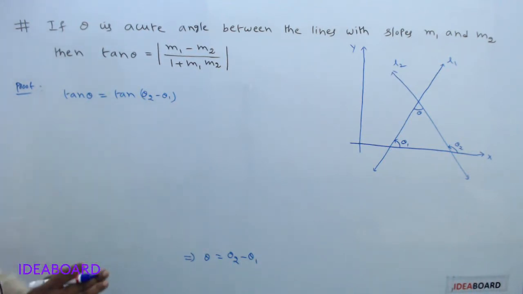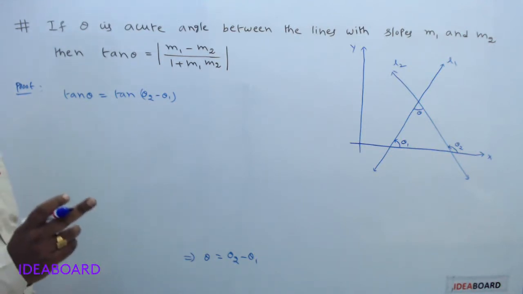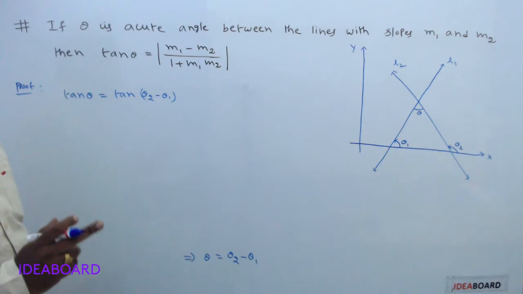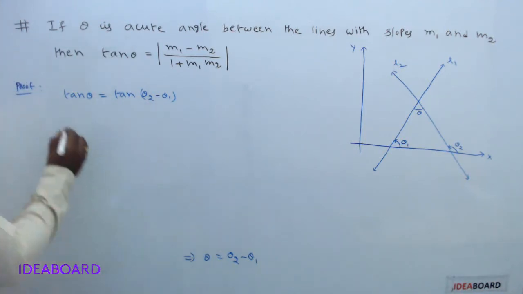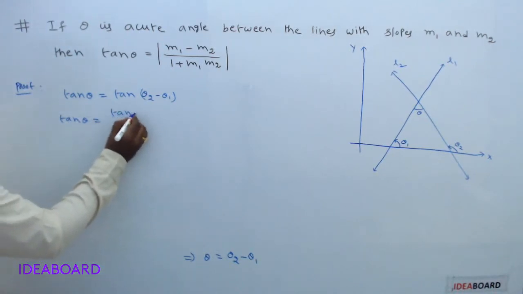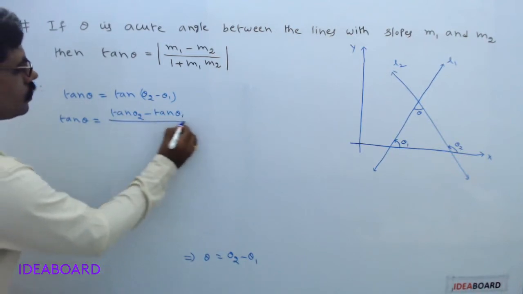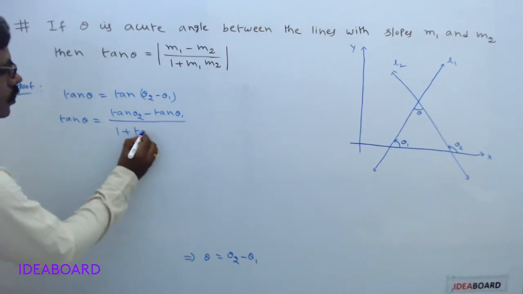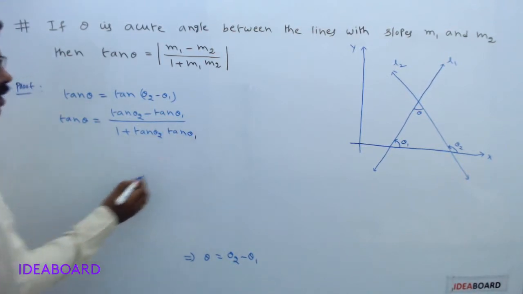From trigonometry, what is the formula for tan of a minus b? Tan a minus tan b divided by 1 plus tan a tan b. Use that formula. So tan theta equals tan theta 2 minus tan theta 1 divided by 1 plus tan theta 2 tan theta 1.